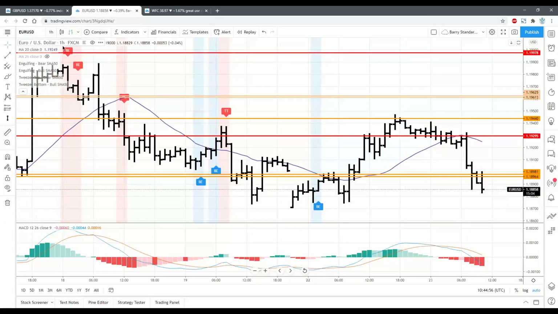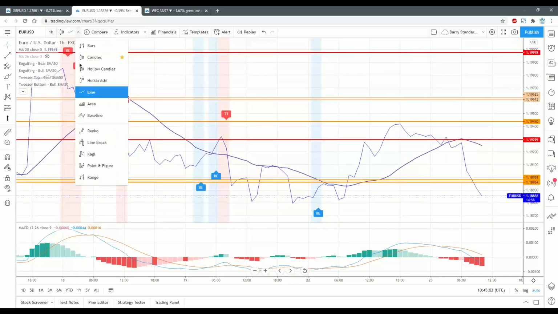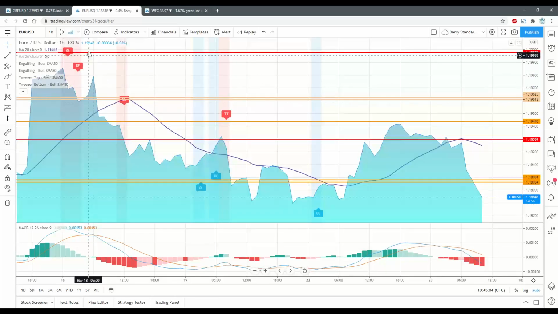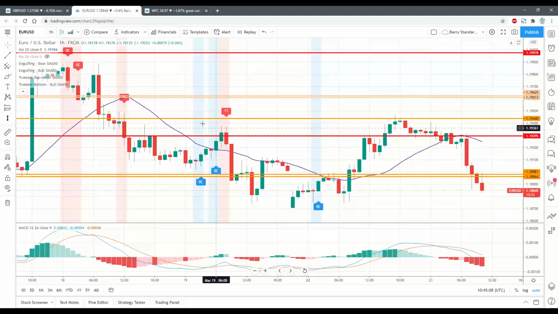We have bar charts, line charts, area charts. But candlesticks have become one of the most popular charting methods because they give us a lot of information in a very easy visual format.